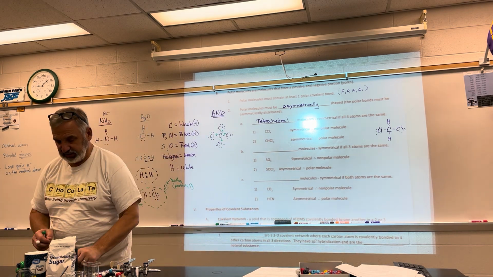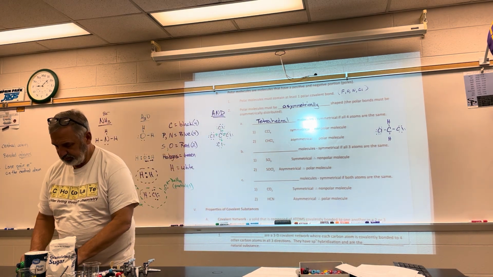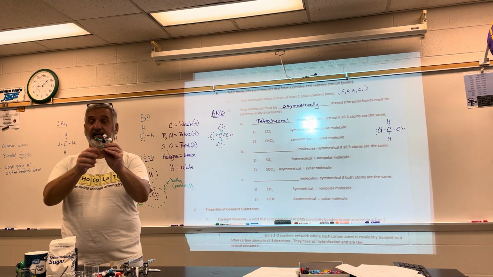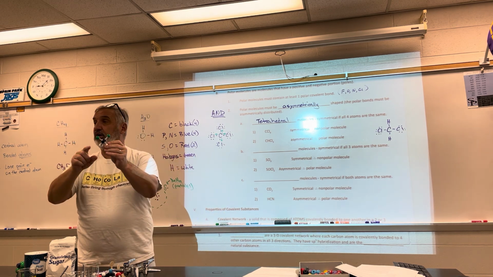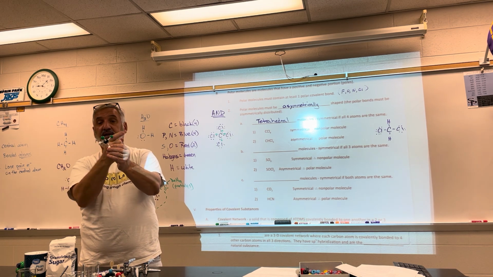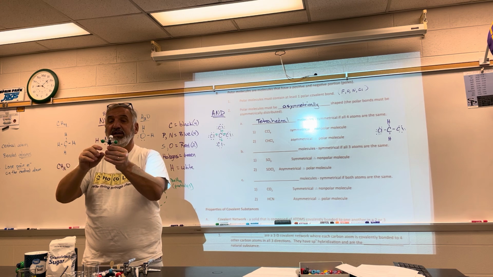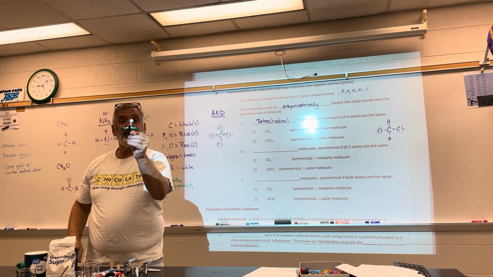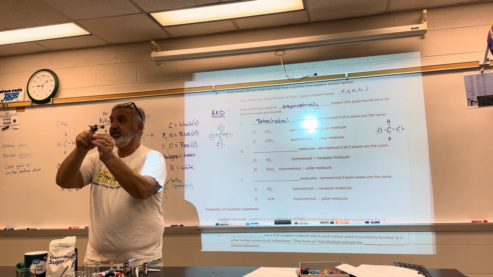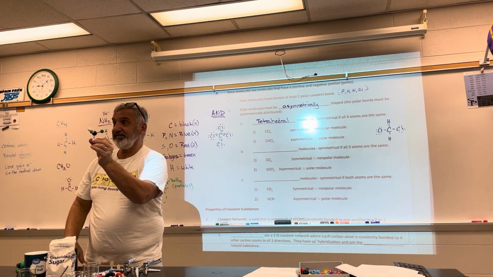So if I do this, okay, this is what it actually looks like. So it's pulling this way and the chlorine's pulling that way. There's nothing balancing it out. You're looking at it kind of like this with no depth perception, where the chlorines are on each side, but the reality is it's not flat.